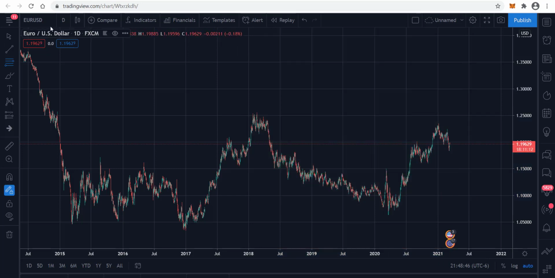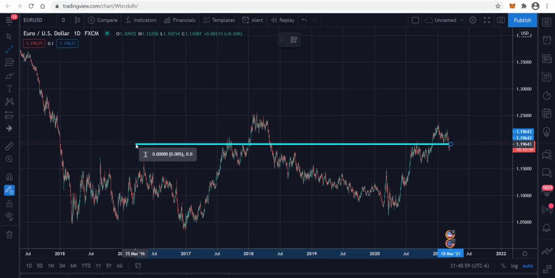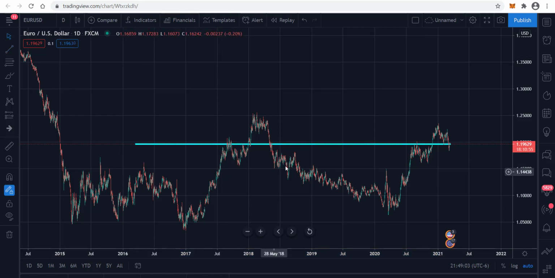Let's get rid of this and just go for straight lines. I couldn't help but see this. All right. Here we go. So this acted as support, resistance, resistance.